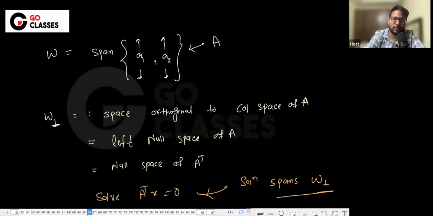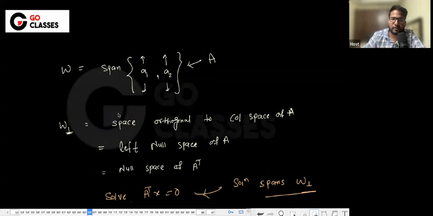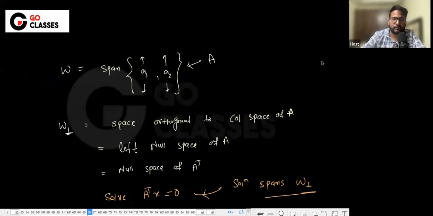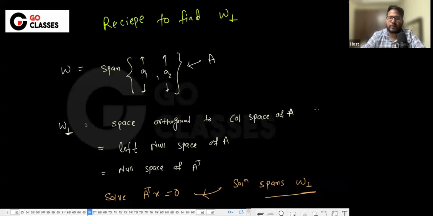Okay. Suppose they ask you, right? So this is the recipe to find W orthogonal. Understood?